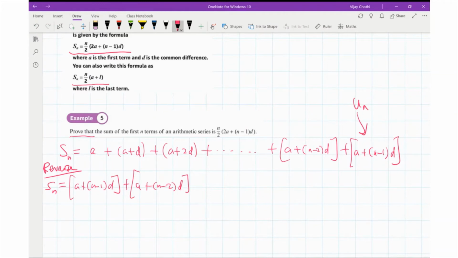Carry on writing that backwards, and you will finish off with a plus 2d, a plus d, and the first term a. So I've written out my series forwards and backwards.